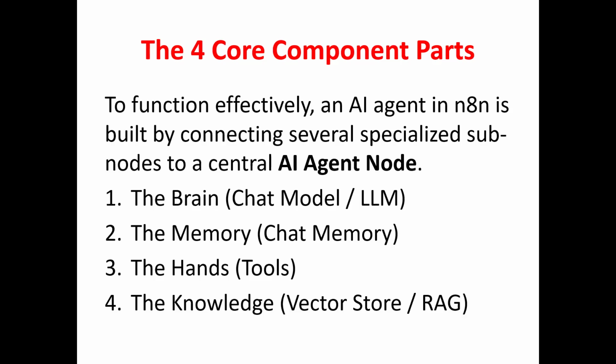There are four components, as I said, of an AI agent, and this is what makes it function effectively, that capacity of modeling artificial human intelligence. All right. So the first part of an AI agent is the brain. Every AI agent has a brain.